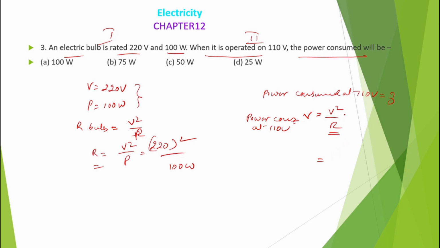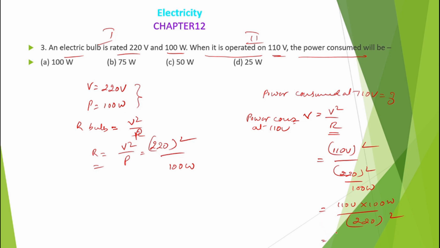So here this is the second part. It is 110 volt. V is 110 volt whole square divided by R. R we got, 220 whole square divided by 100 watt. If you simplify this, you will get 110 volt squared into 100 watt divided by 220 whole square.